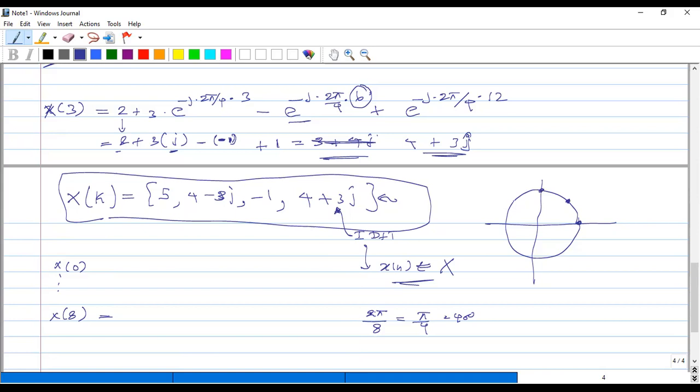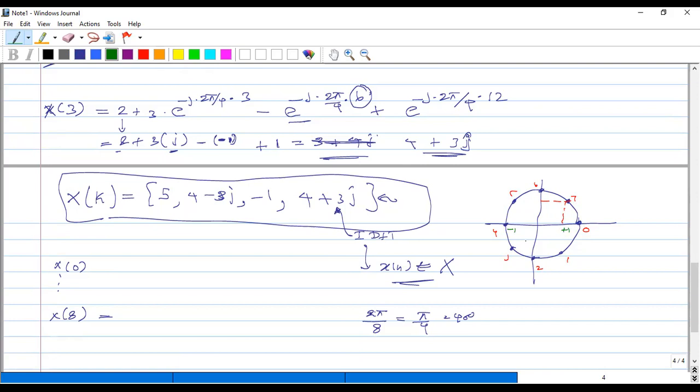After another 45 degrees, likewise, we have this point. So you have to calculate the coordinates for these points. So this will be 0, 1, 2, 3, 4, 5, 6, 7. So the 0 point will be plus 1 and this will be minus 1.